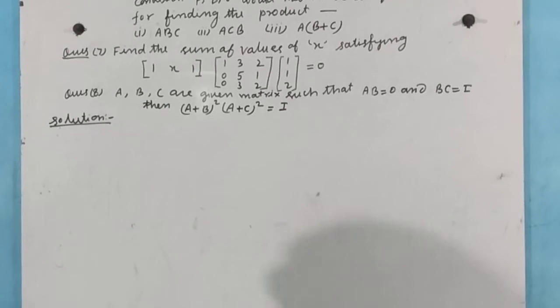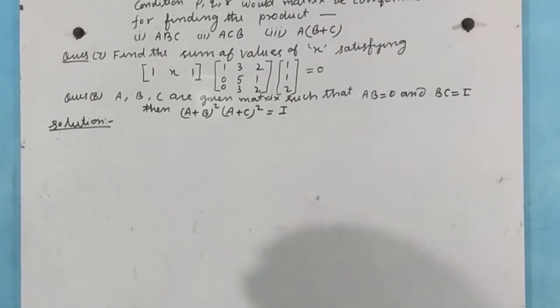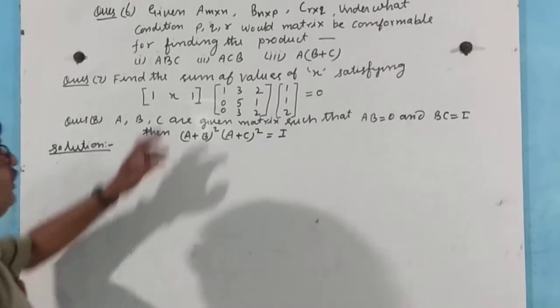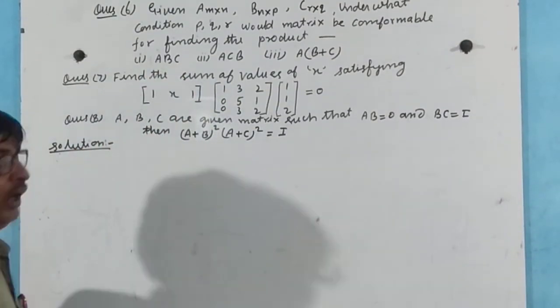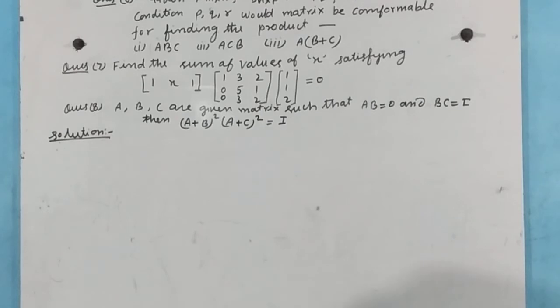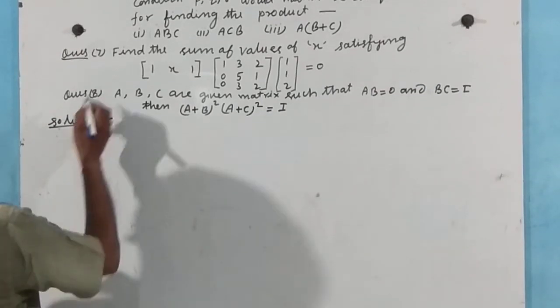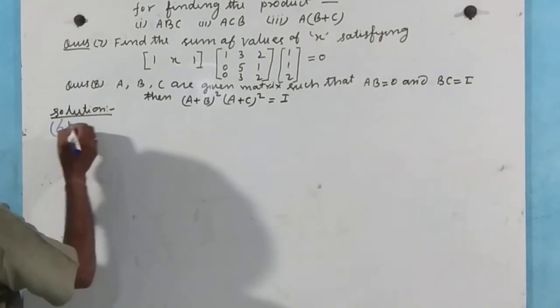In this case we have to show under what conditions the matrix products of A, B, C are applicable.